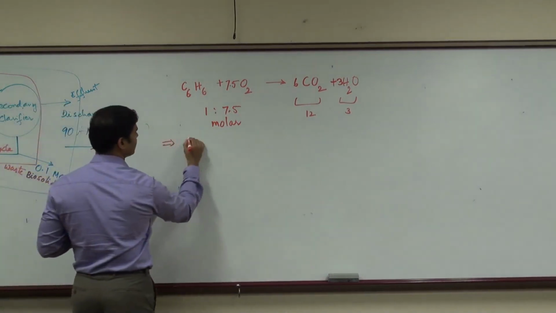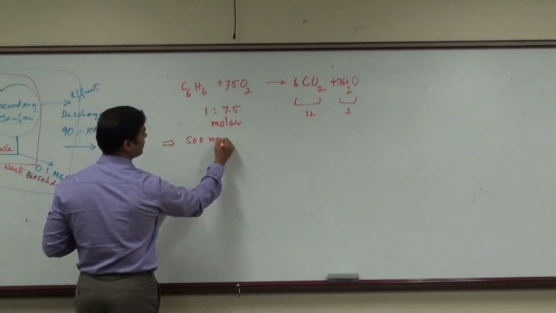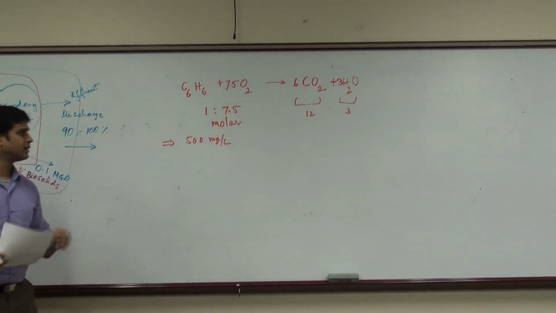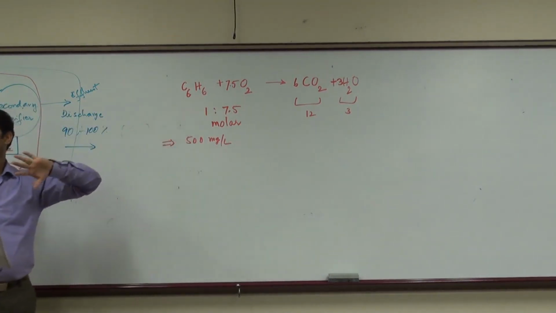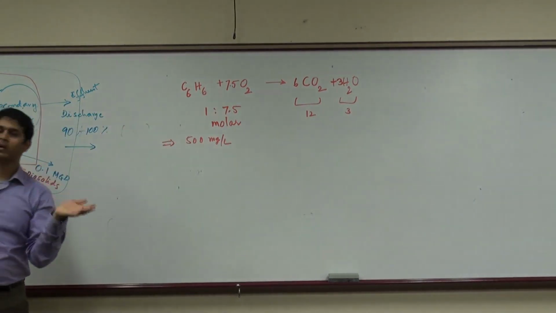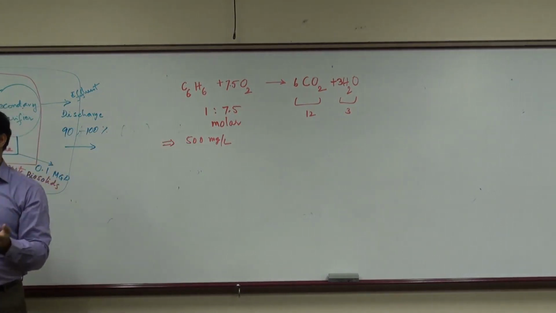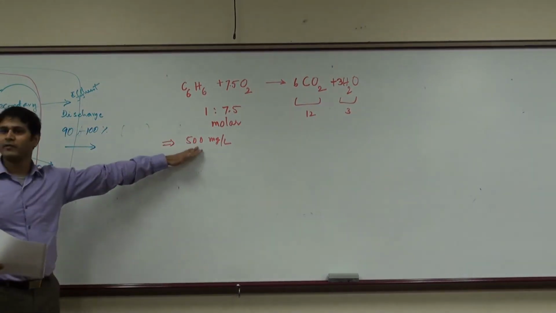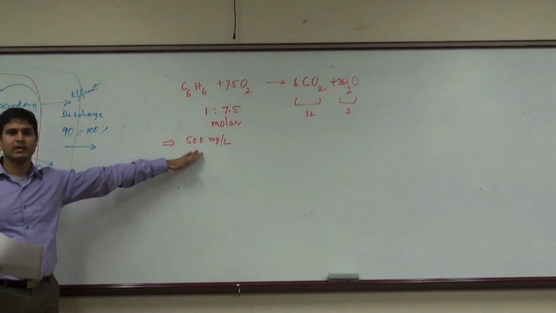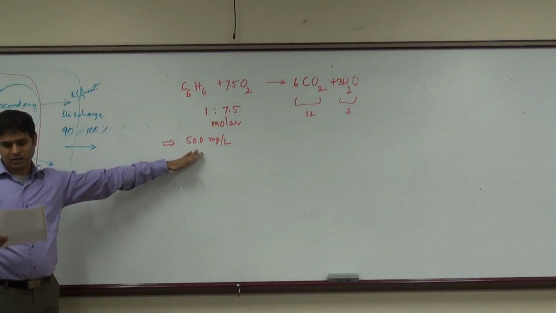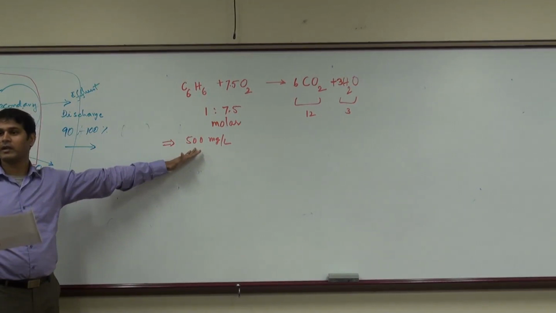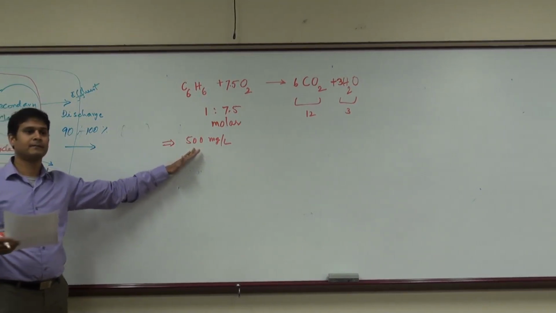In your problem statement, you are given 500 milligrams per liter, which means, can you use it straight away? It's not 1 kilogram and 1 kilogram, or 1 pound and 1 pound. It's moles. So we need to convert 500 milligrams per liter to moles, right? You're not given the molecular weight, so you have to calculate it.